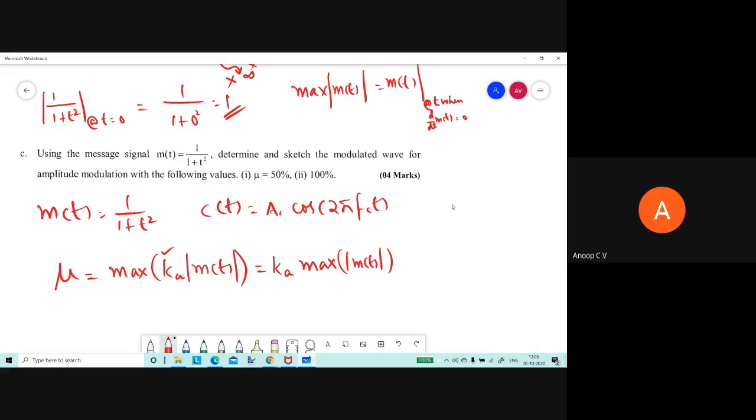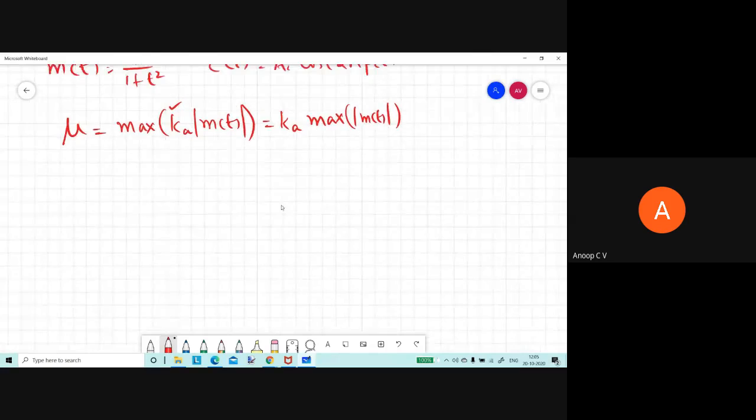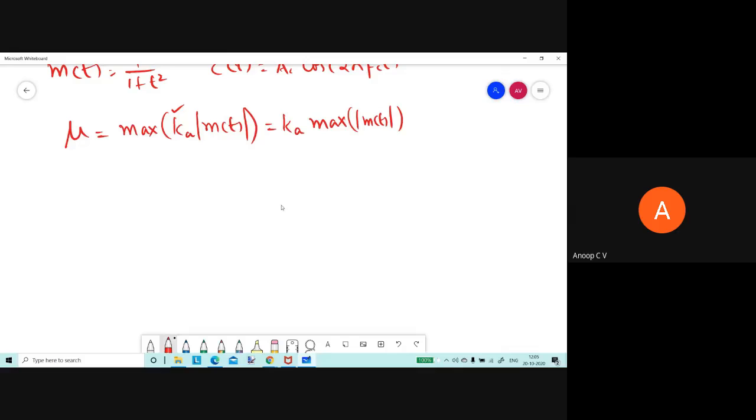So we found the maximum of mod of m of t to be equal to 1, which implies mu is equal to Ka into 1.